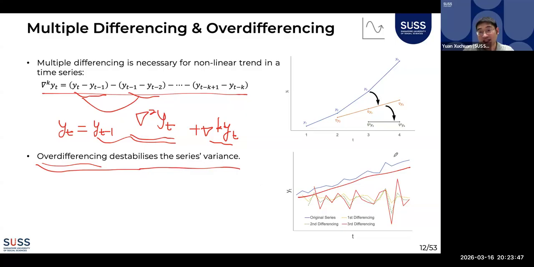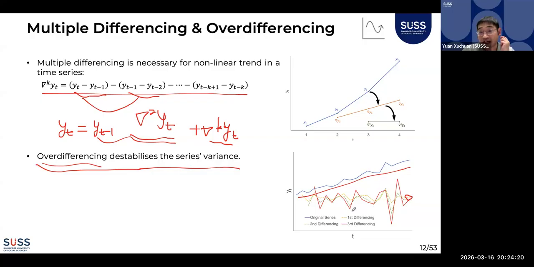For a time series with a linear trend, the first order difference will be sufficient. The first order difference is this orange line, and you can see it makes the first order difference series quite stable. The mean is like a constant, and the variability is not small.